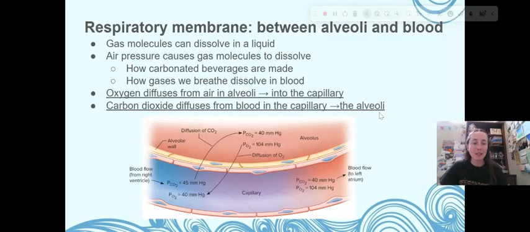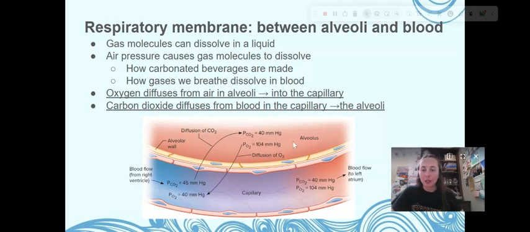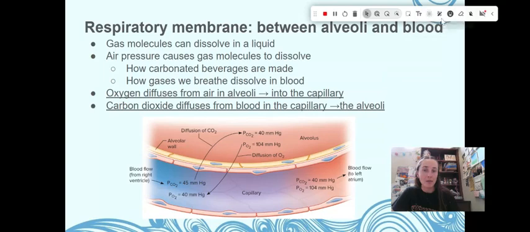And if we look even deeper at these alveoli now, we can see that the space in between each alveoli and the blood, that's what we're seeing at the bottom in this picture here, is really, really small. And what we are going to see is that we've got gases diffusing from each side. So gas molecules can dissolve in a liquid, and that's what they're doing here as well.